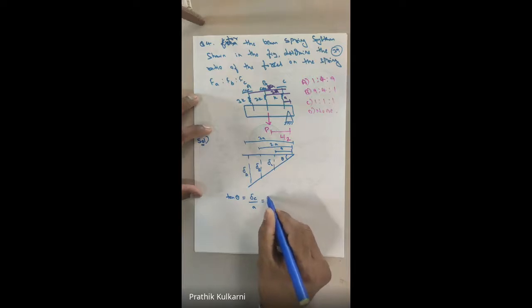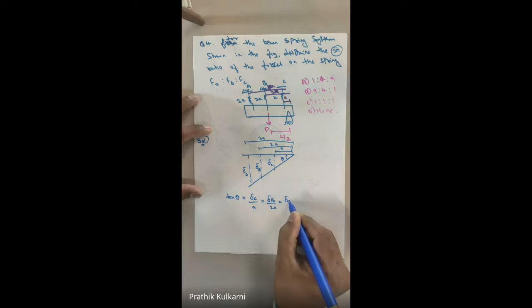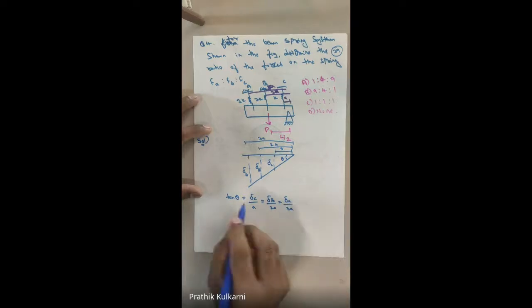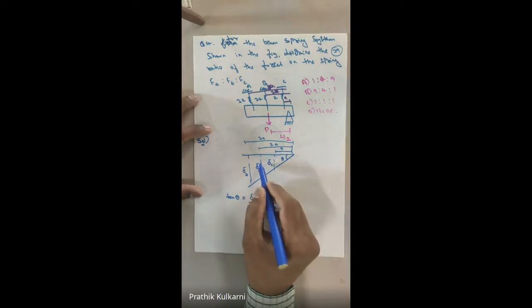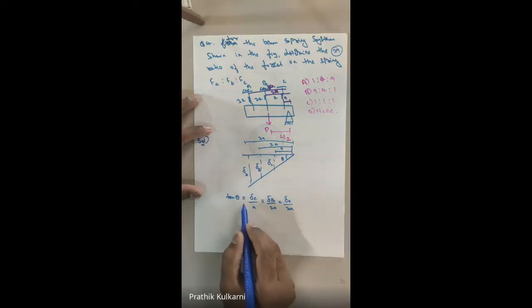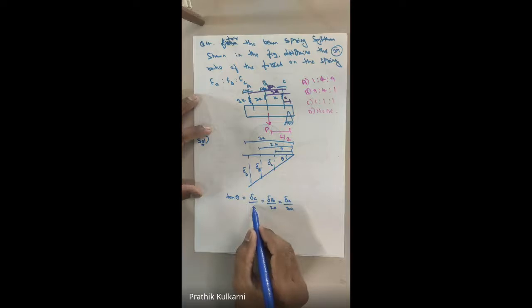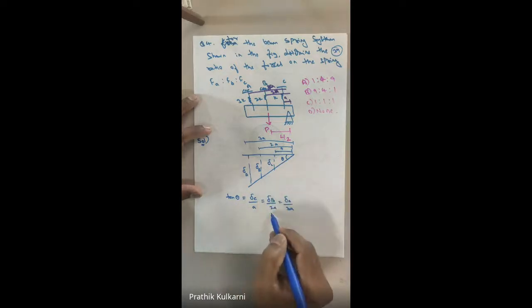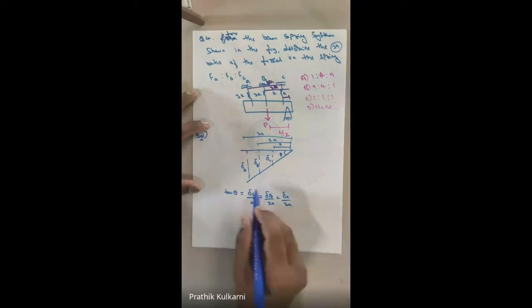Similarly, it is equal to delta B by 2A, which is equal to delta A by 3A, for the first triangle, second triangle, and third triangle. So this is the format we have.